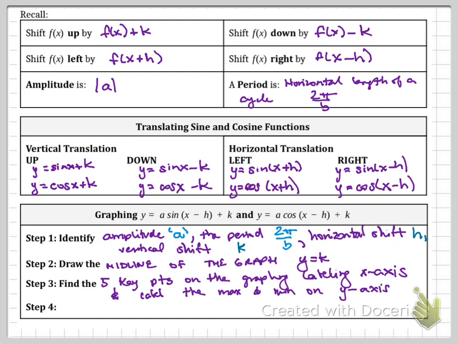Then step 4, you're going to draw a smooth curve through all 5 points. And we're only graphing one period.